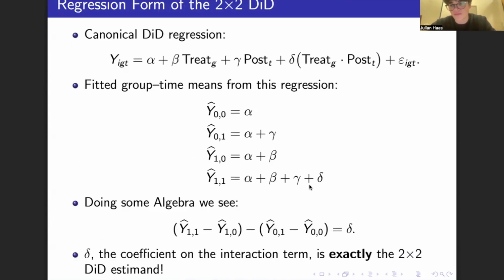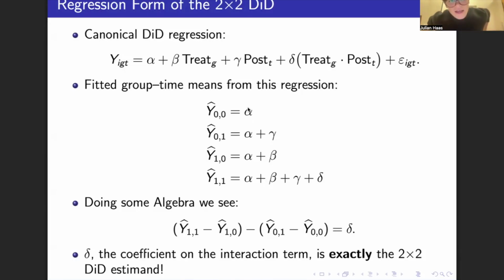I'm not going to go through all of them, but if we look at the untreated group, the control group, in the pre-period, treat is equal to 0, post is equal to 0, treat times post is equal to 0. So it's just going to be alpha.